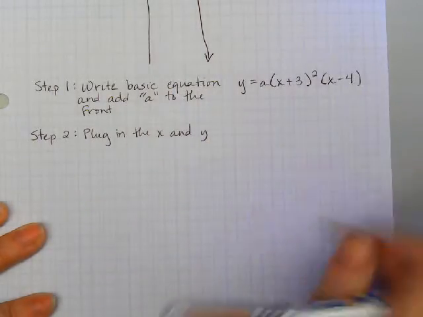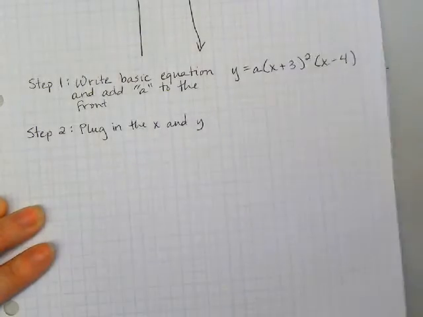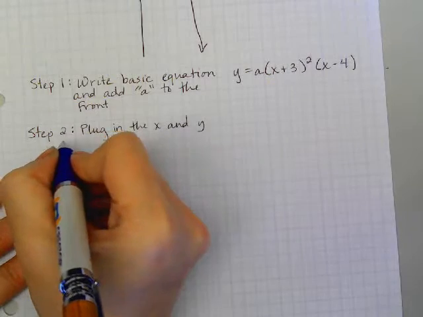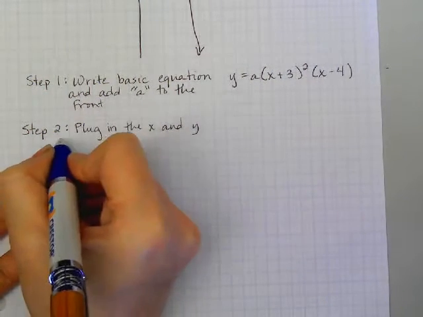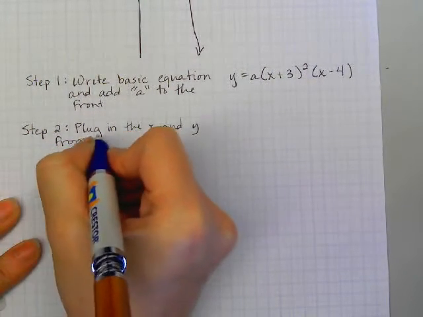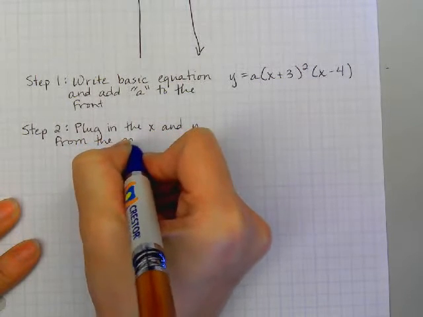And that passing through point from our graph is 3, 9. You don't want to use one of your x-intercepts because that will mess it up. But you use a point that's not on your x-axis.